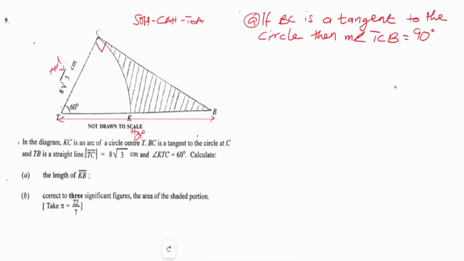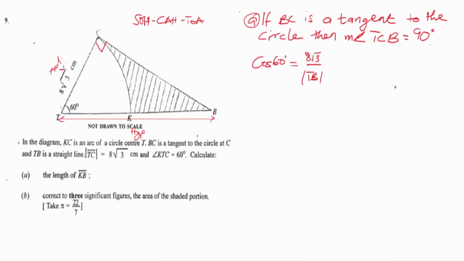Taking cos 60 degrees equals adjacent, 8 root 3, over hypotenuse, TB, which we are solving for.